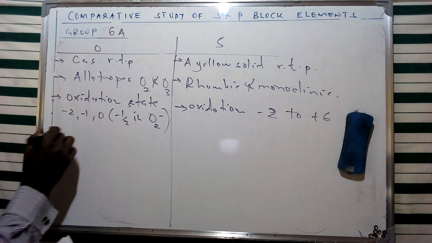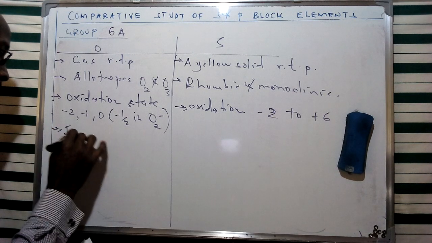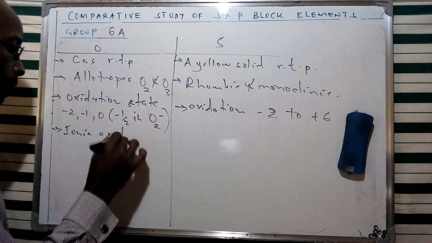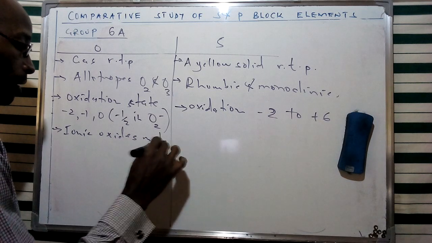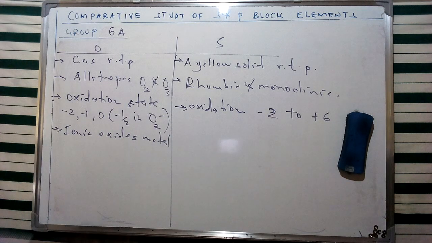Oxygen is going to form ionic oxides with metals, just like the specific two equations which I've given in my previous statement.